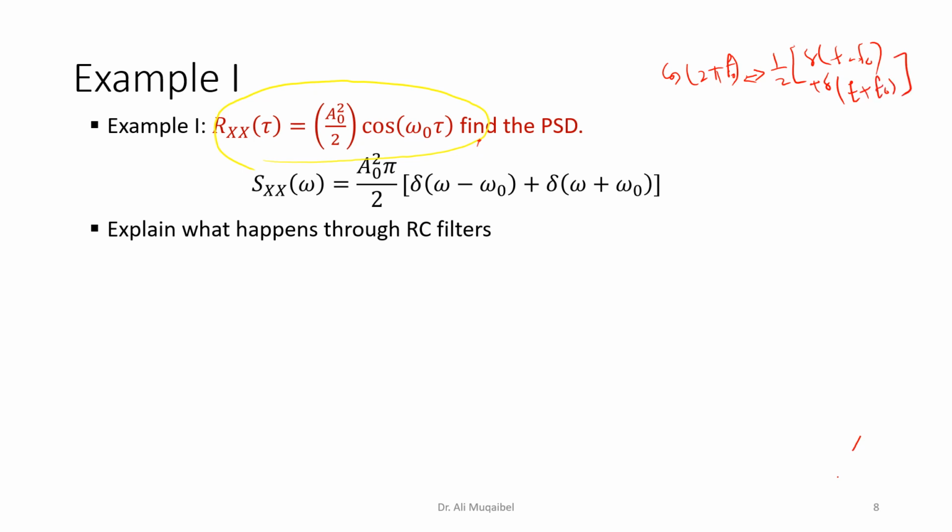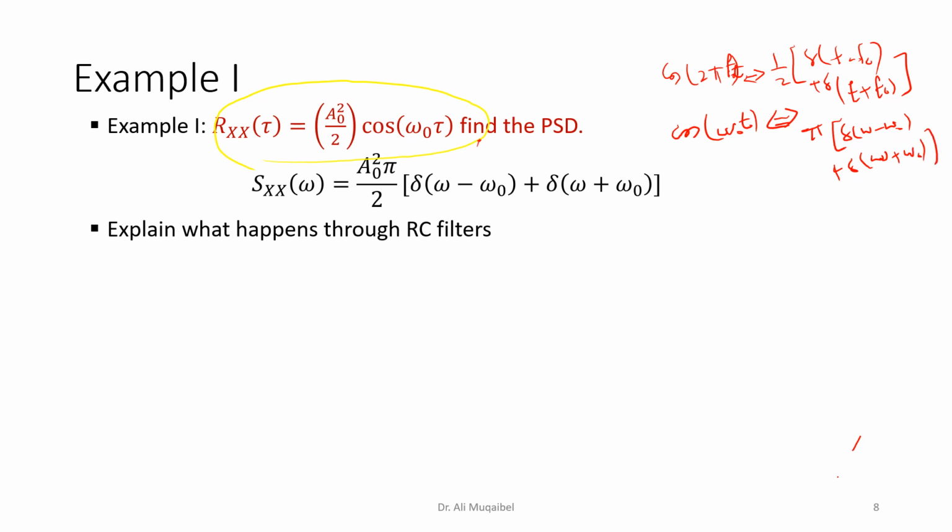That's in the f domain. If you're using omega, cosine omega naught t will be pi times delta of omega minus omega naught plus delta of omega plus omega naught.